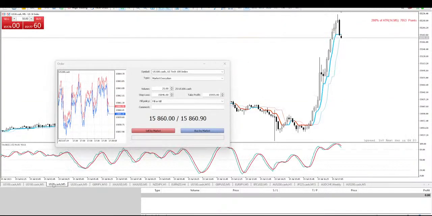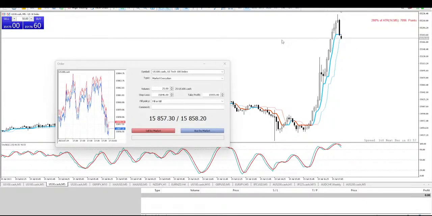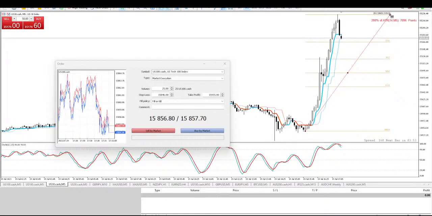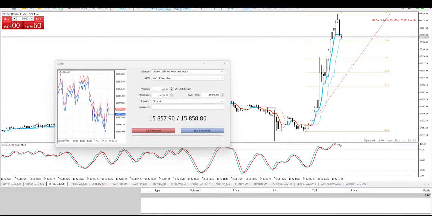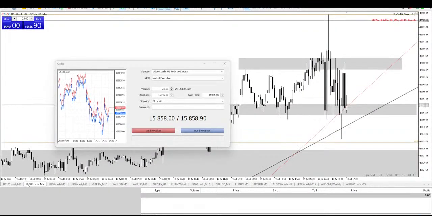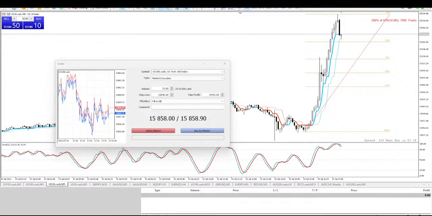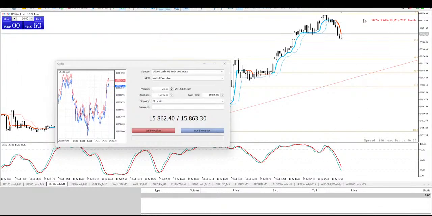That's a good, that's an amazing candle. Let's see. Yeah, could be a good scalp here. Just wait for the stochastic pullback, I would say.